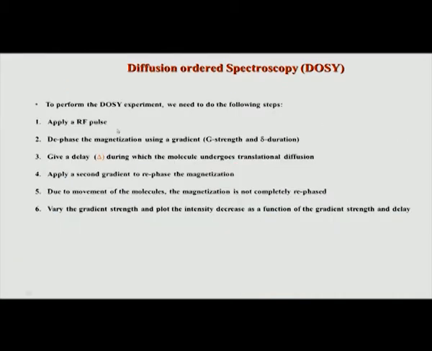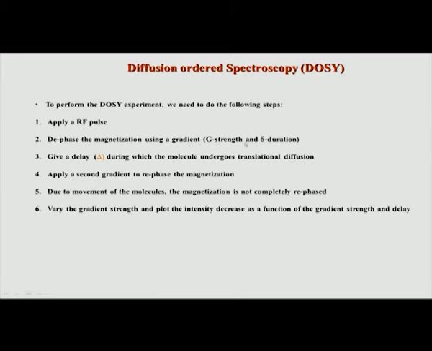So, this is the flow chart. This is typically what is done in DOSY. We first apply an RF pulse, then we dephase the magnetization by using a gradient, and when we apply this gradient we have to specify how it is measured. Gradient is measured by 2 parameters.